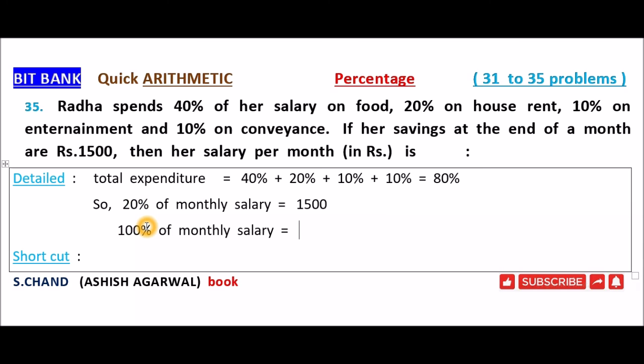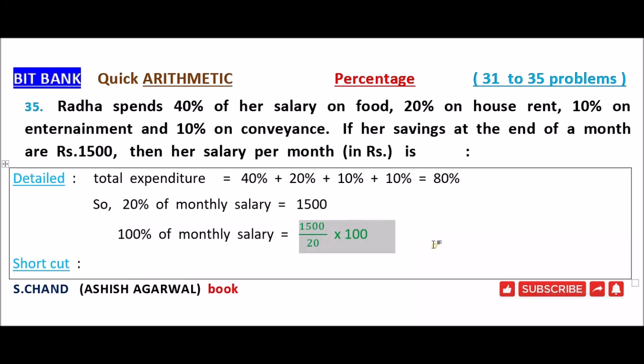The zeros will be cancelled. So 100% of monthly salary is equal to 1500 divided by 20 into 100. After simplification, 5 into 15, 7,500 rupees is the total monthly salary of Radha.